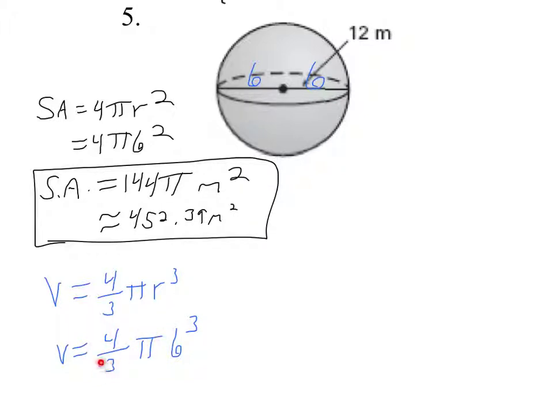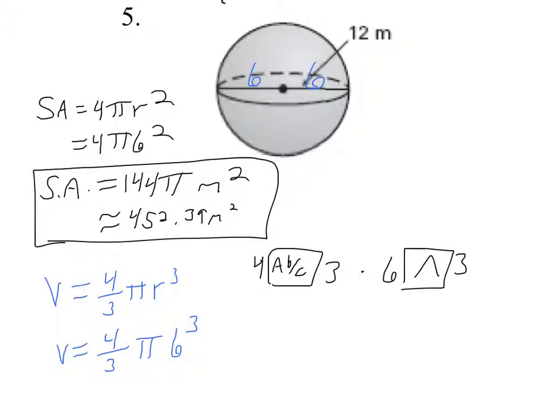To type in the 4/3, if you're using one of the types of calculators that we use in class, you'd probably want to type it in as 4 ABC, that's the fraction button, 3, and then times 6 to the third. I know we have a squared button, but we don't have a cubed button on these calculators, so the caret button goes to the third.